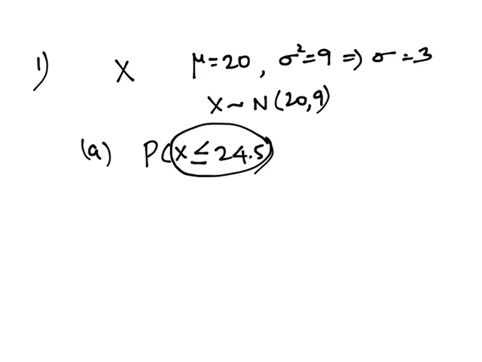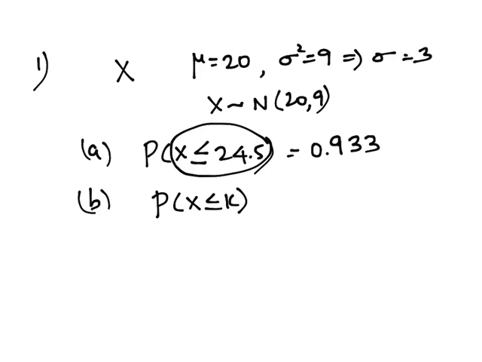Sigma is 3, not 1, because it is not z, it is x, and mu is 20. Then enter. The answer is 0.933. Yeah, very simple.